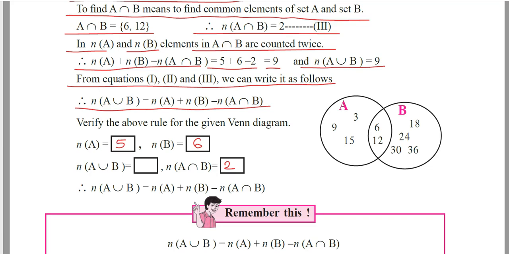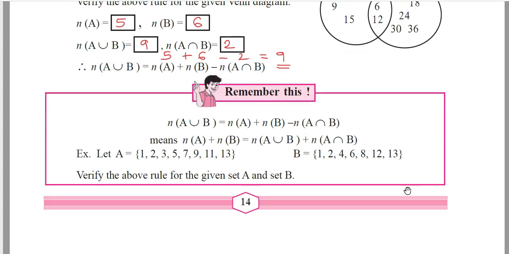Therefore, we will write it. n of A union B is 9. If we substitute, n of A is 5, n of B is 6, minus n of A intersection B is 2. 5 plus 6 is 11. 11 minus 2 is equal to 9.